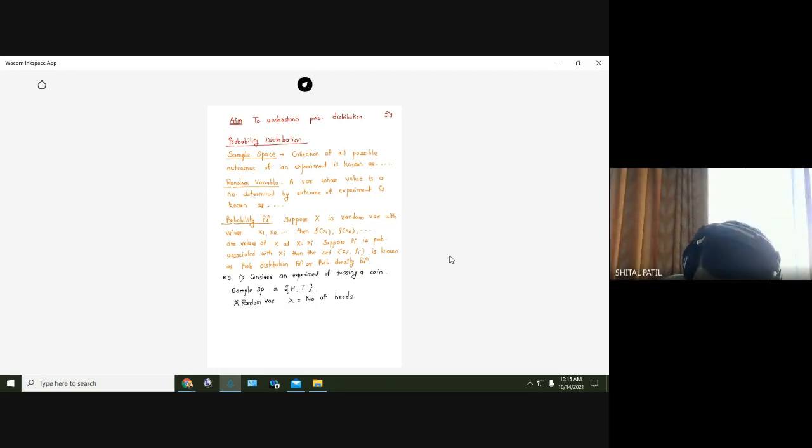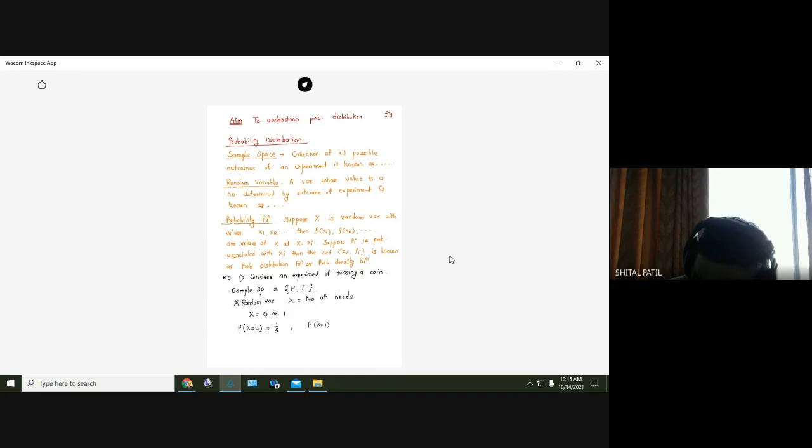So what are the different possibilities for X? How many heads may be there? 0 or 1. We may have 0 heads in case of tail and a single head in case of head. Now what is the probability of X equal to 0? Probability of 0 heads is half. What is the probability of 1 head?